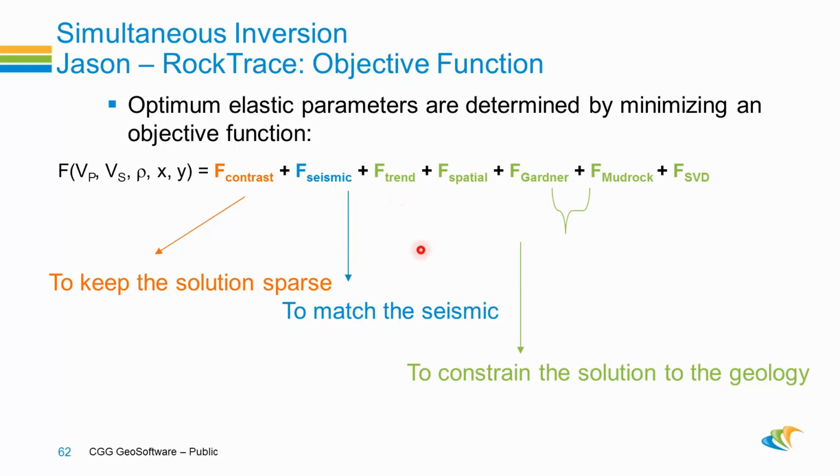And then we have geological constraints that you can have, for example, trends, spatial constraints, Gardner and Mudrock to relate, for example, VS to VP or density to VP, and some functions for the mathematical calculation of the matrices.